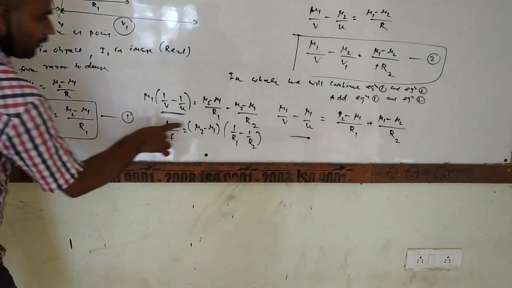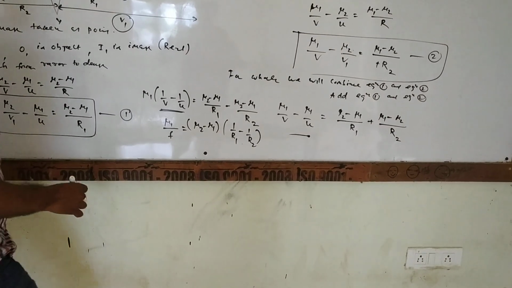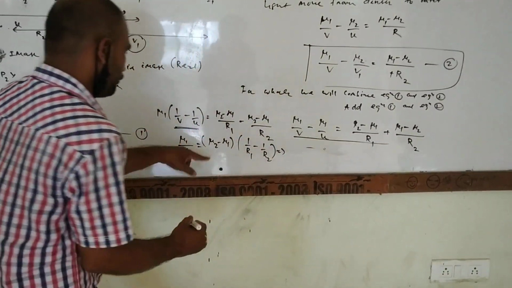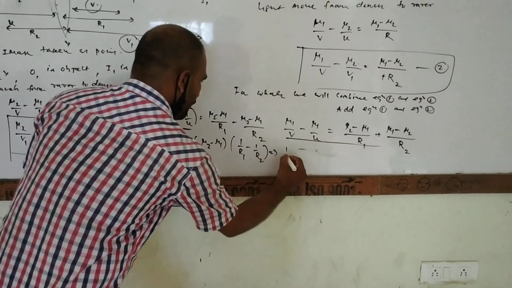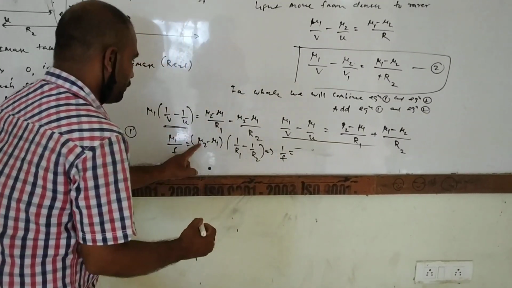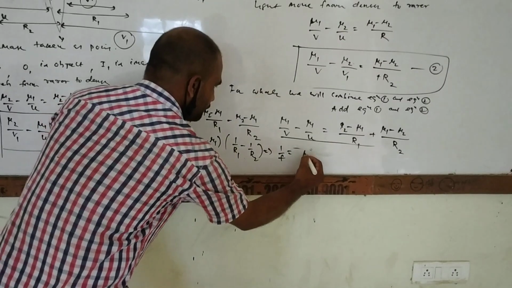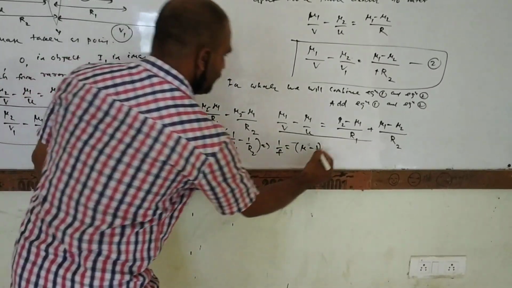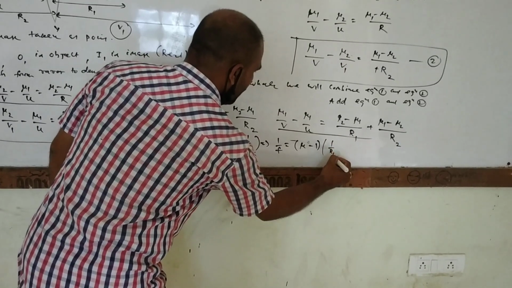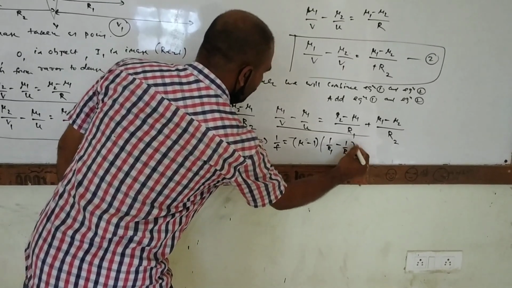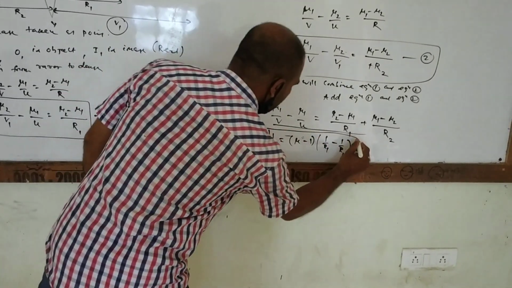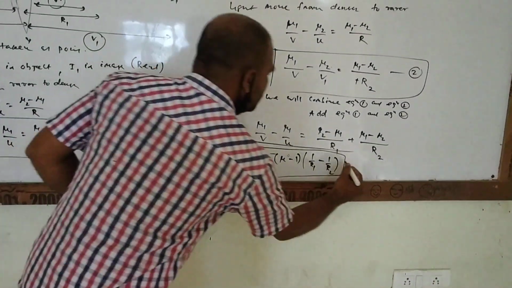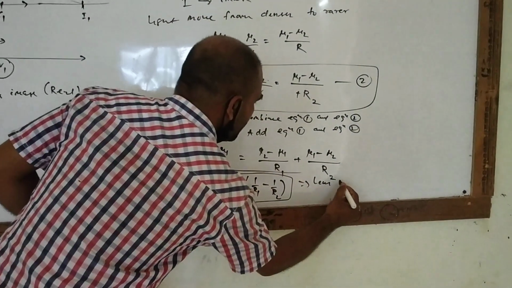Moving mu1 to the other side and dividing, we get 1 by f equals mu2 by mu1, which is mu, minus 1, whole into 1 by R1 minus 1 by R2. This is the lens maker's formula.